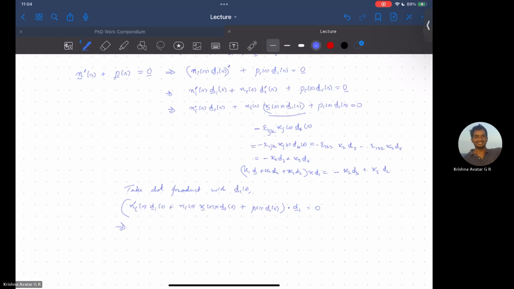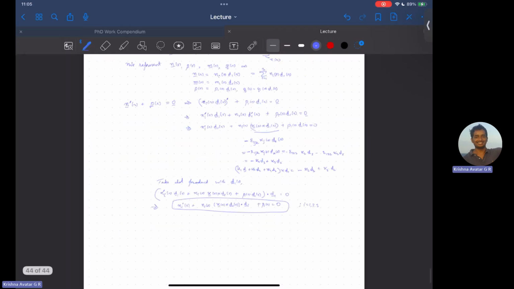This will give us ni prime of s plus ni of s kappa of s cross di, component-wise, for i equal to 1, 2, 3.